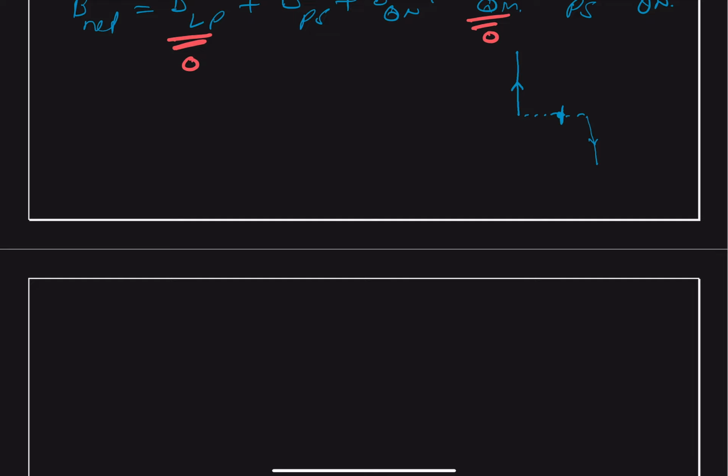So this is the middle point. So if we see using the right hand rule, we can say the magnetic field will be in the same direction for both the cases, and that will be into the paper.